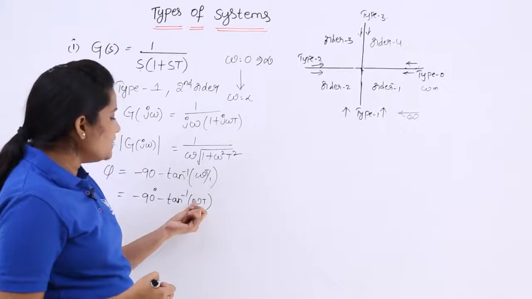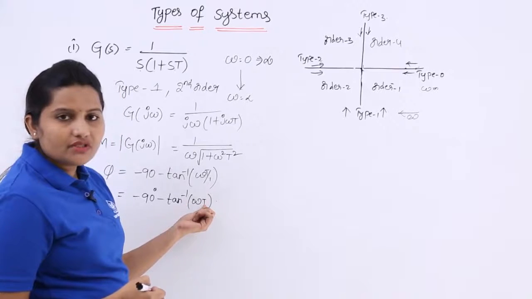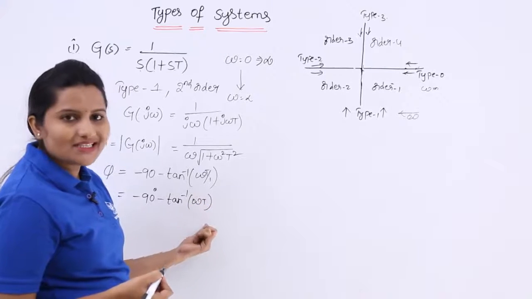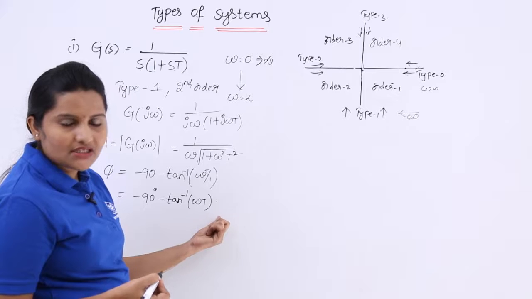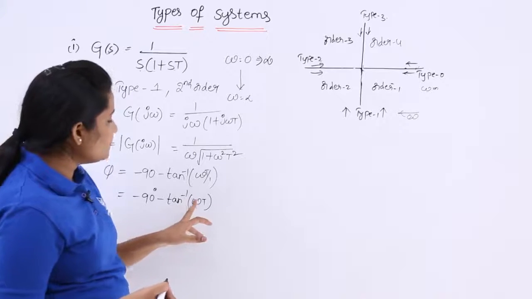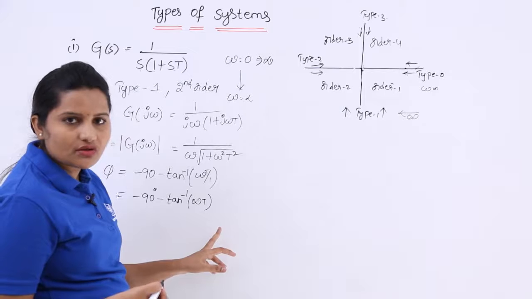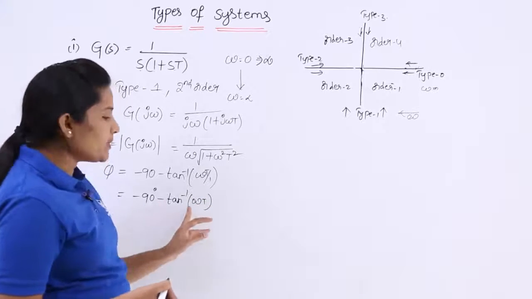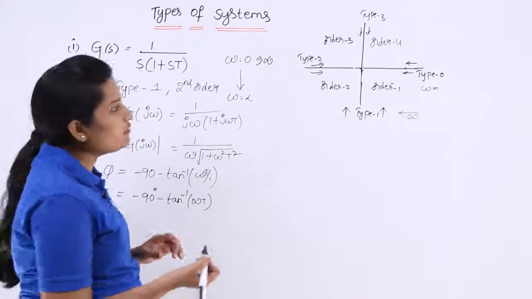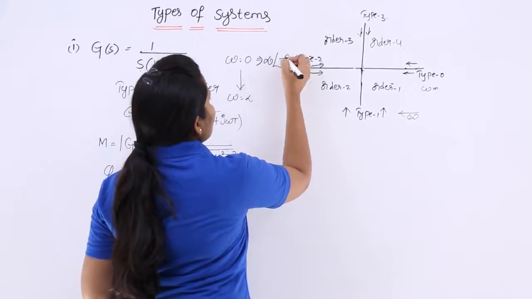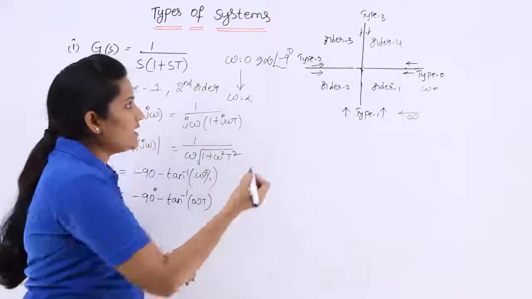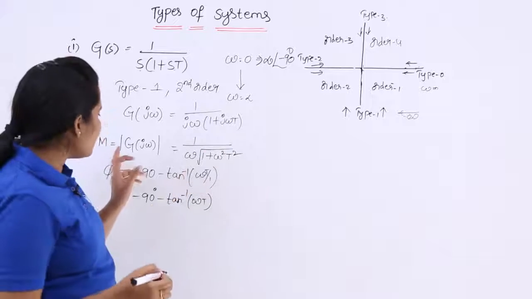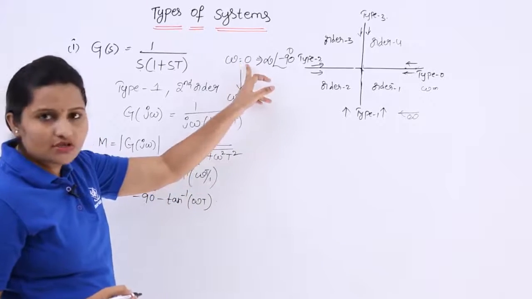Tan inverse 0 means tan of theta equals 0, so theta is 0. Minus 90 degrees minus 0 degrees is minus 90 degrees. So it is infinity with angle minus 90 degrees when omega is 0. This is the magnitude and phase when omega is equal to 0.